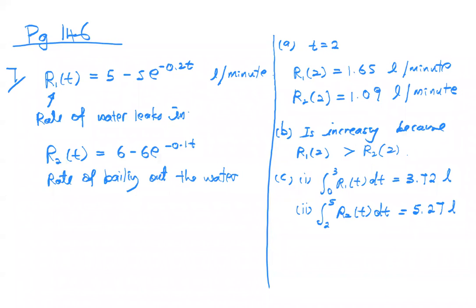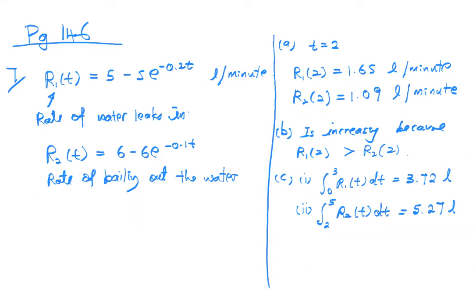Like the first one, you will say that a total of 3.72 liters of water has been leaking into the boat in the first 3 minutes. So you must say the time, 3 minutes. And for part 2, you say from t equal to 2 to t equal to 5, so within that 3 minutes, the amount of water that has been bailed out is 5.27 liters.